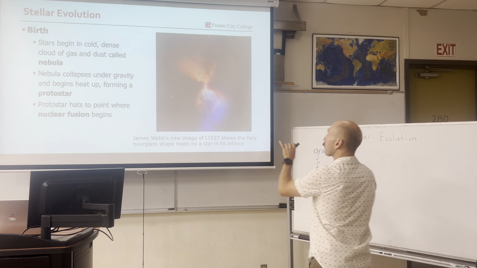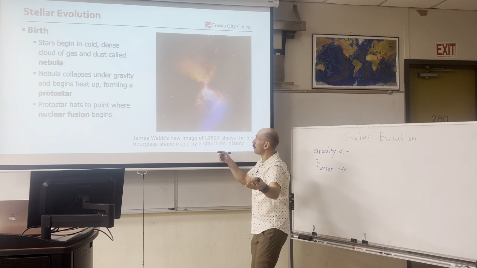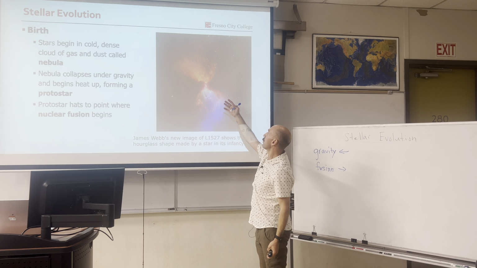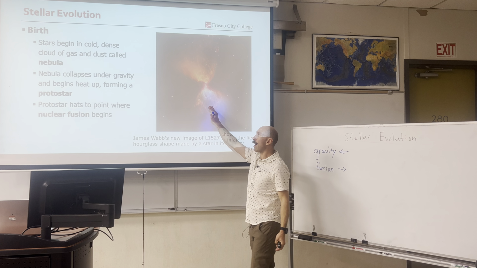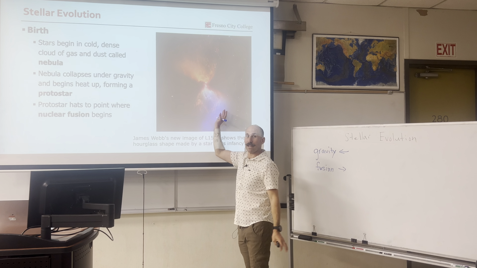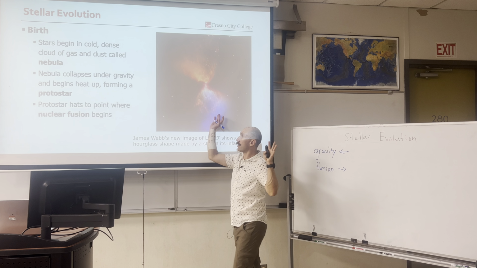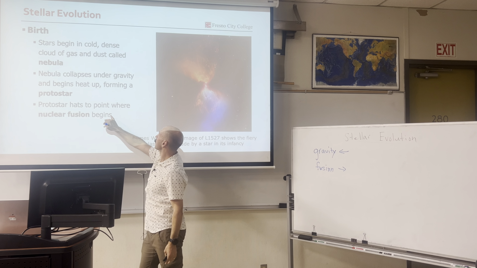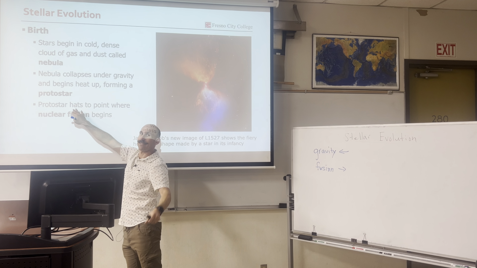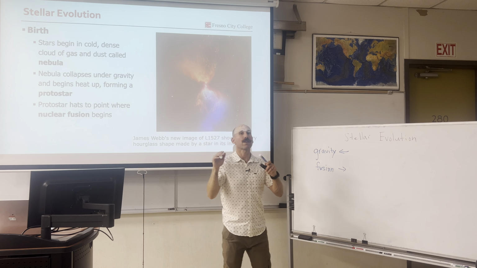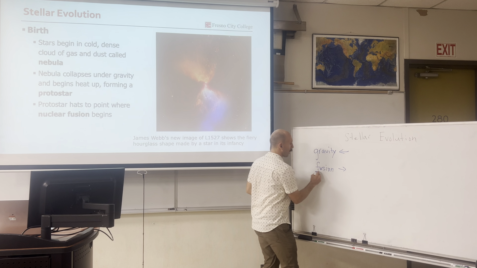So stars form through gravity in a solar nebula, where the nebula collapses underneath its own gravity, begins to form a protostar. It also forms planetesimals and planets, but that's not this lecture. That's nebular theory. The protostar heats to the point where nuclear fusion begins. And this is what I was talking about.